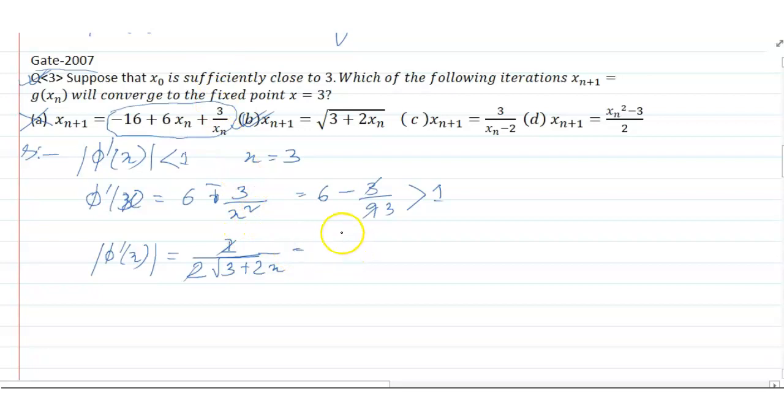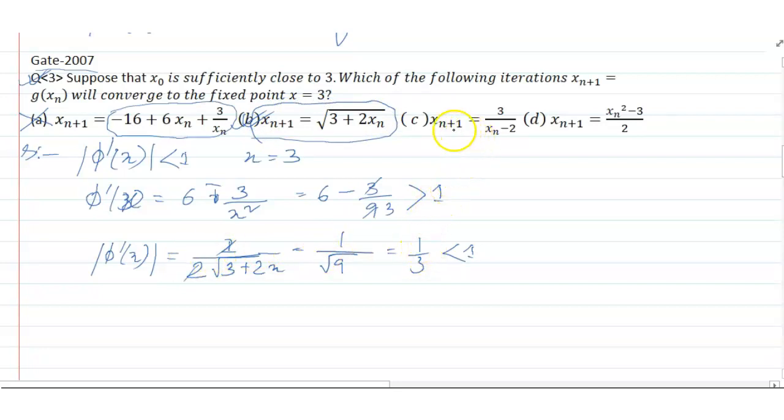This value is 1 by root 9, which is equal to 1 by 3, which is less than 1. So friends, this answer is correct because my iteration condition is mod of phi dash x less than 1.